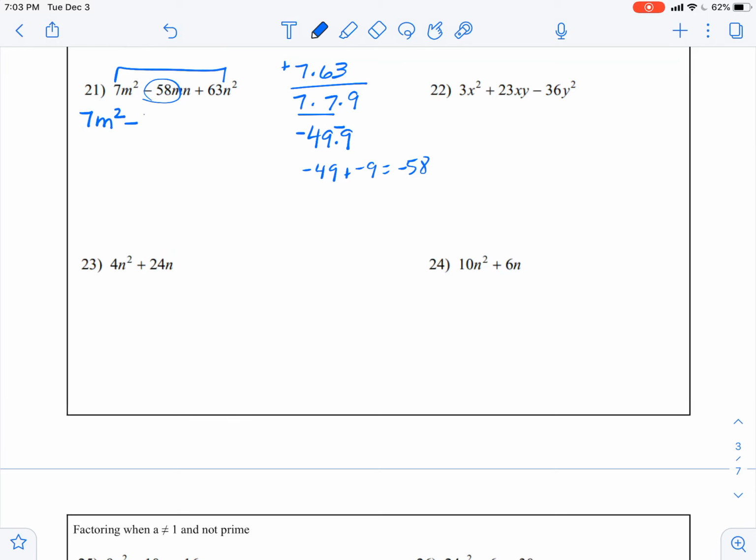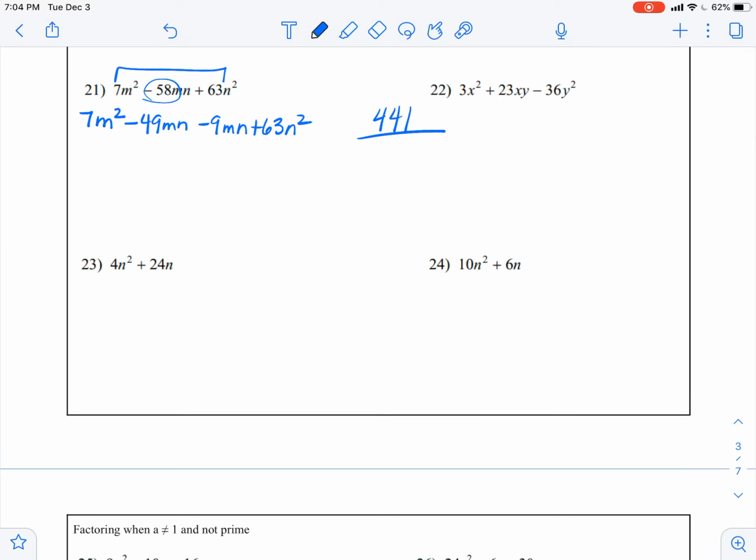I'm just going to put in the negative 49 mn, and the negative 9 mn, and the 63 n squared.